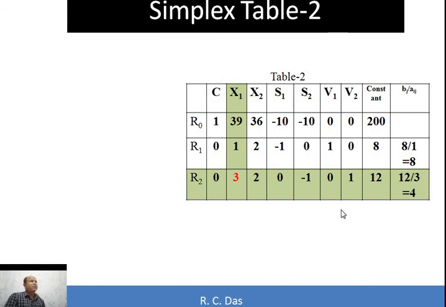In the case of a minimization problem, the pivot column is the column with the largest positive value in row 0. So in row 0, here we see 1, 39, 36, minus 10, minus 10, 0, 0, 0. So 39 is the largest positive value, so it is in the x1 column. This column is called the pivot column.